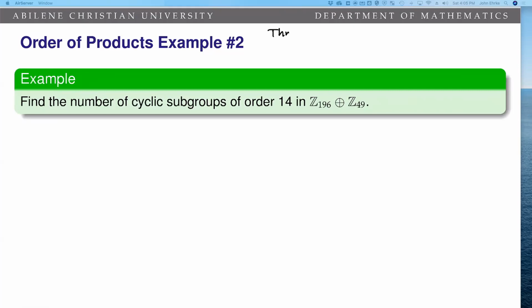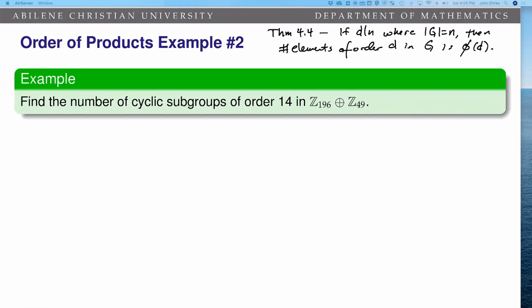But I just want to remind you of the big thing here. If you look at what we're using, which is the theorem from section 4, theorem 4.4 in the text, it says that if D divides N, where N is the order of the group G, then the number of elements of order D in G is given by the Euler phi function of the divisor.